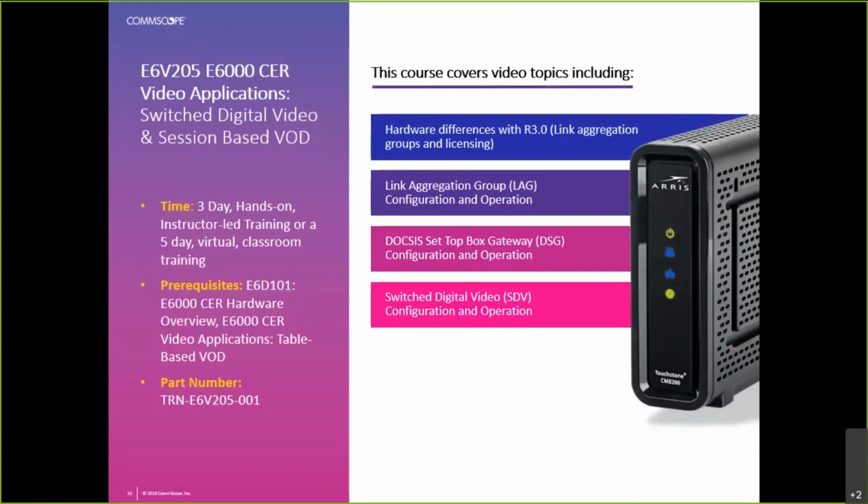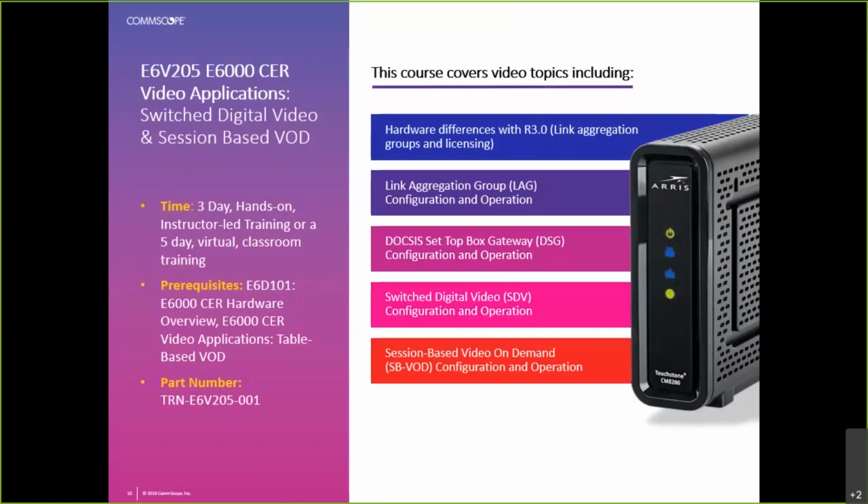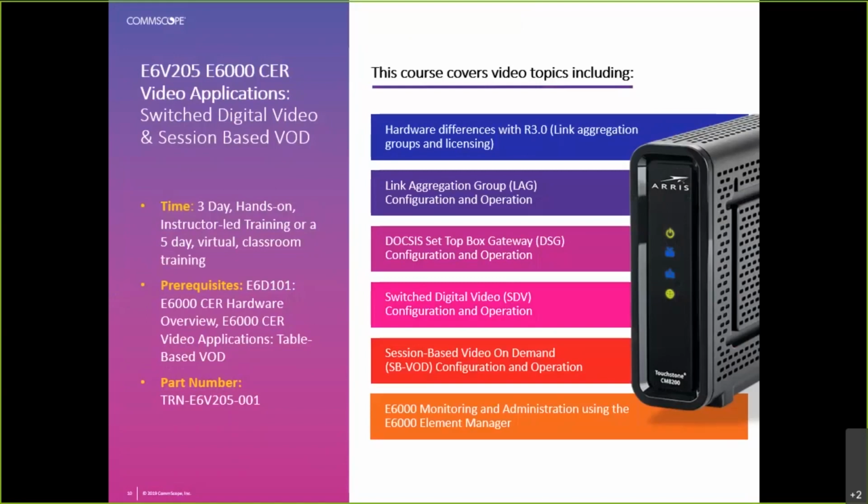And also session-based video on demand configuration and operation, and then following that up with monitoring and administration using the E6000 Element Manager. So the big differences between 204 and 205: E6V 204 is table-based VOD, E6V 205 is switch digital video and session-based VOD.